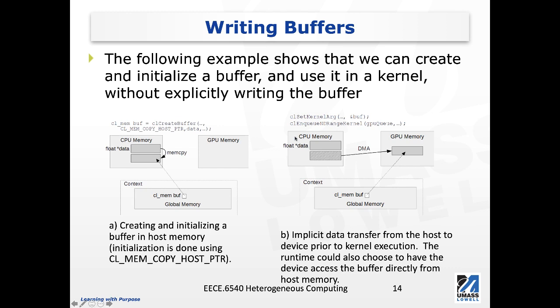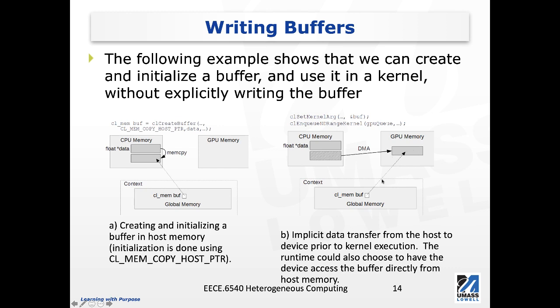In the next step, when we use set kernel argument and clEnqueueNDRangeKernel, OpenCL will know that the buffer will be used by the kernel. So in this case, OpenCL tries to prepare the data by issuing direct memory accesses, copying the data from the host memory to the device memory.